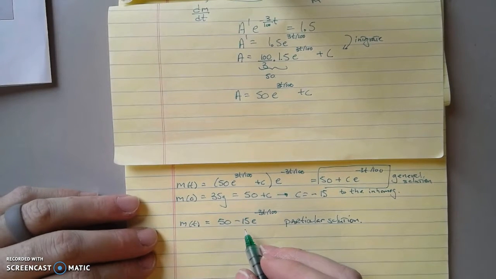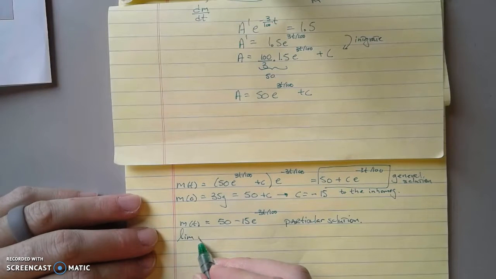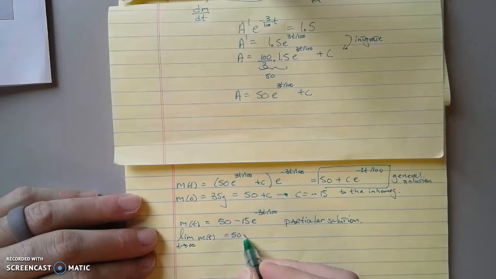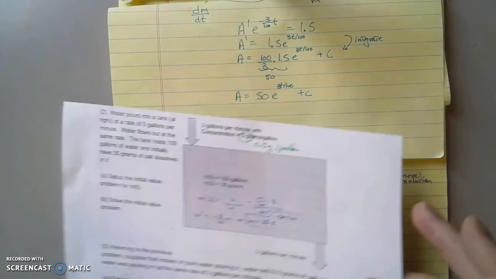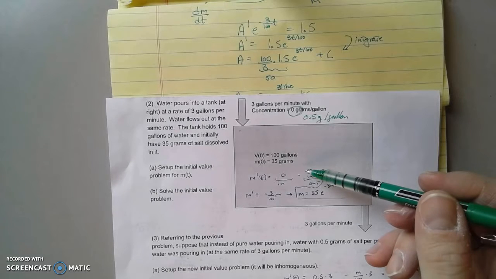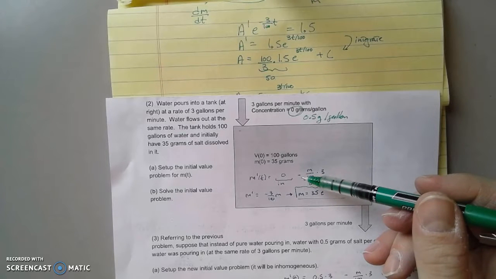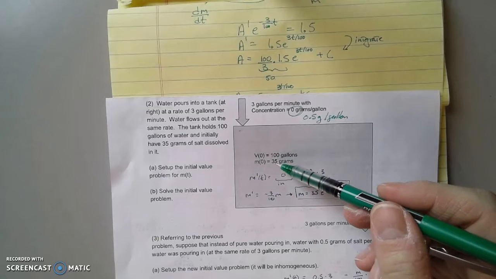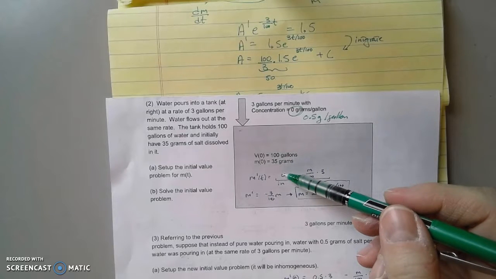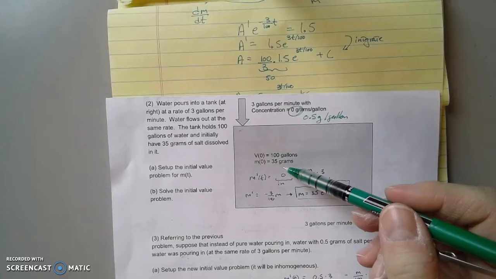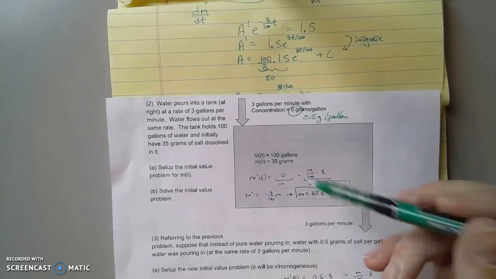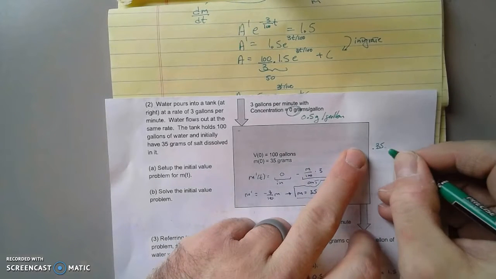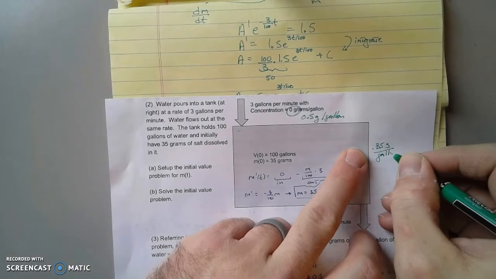Does this make sense? Well, there's a couple ways we can think about this. So one, the limit of m of t as t goes to infinity is 50 grams. So the idea is that the amount in the tank is going to increase. Now let's see if we can make any sense. The concentration is 35 grams per 100 gallons, so initially we have 0.35 grams per gallon.